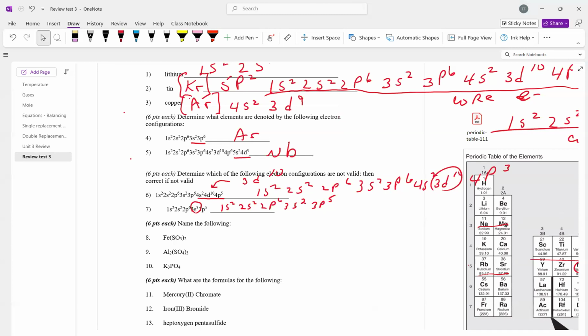So the D's are down 1. So as you're going across, so if you're starting in shell 4, the D's are going to be all 3s. And if you start in shell 5, then the D's will be 4.